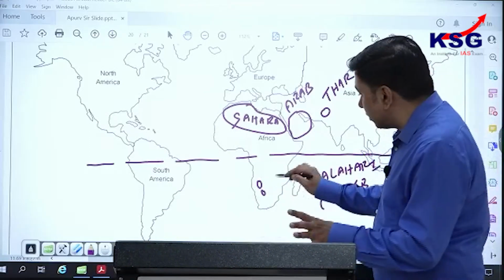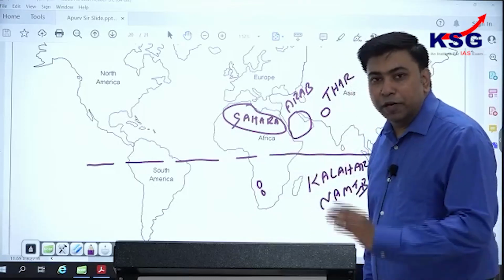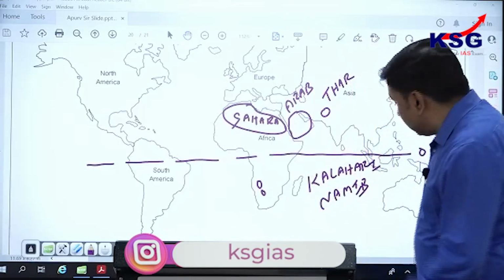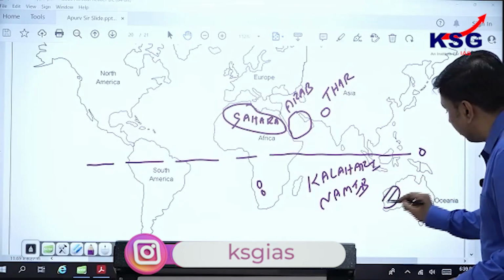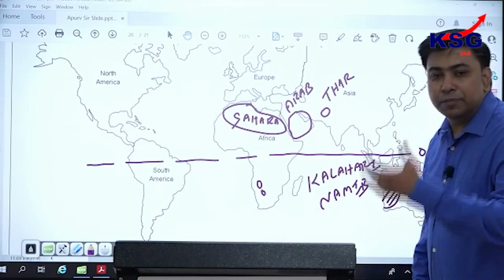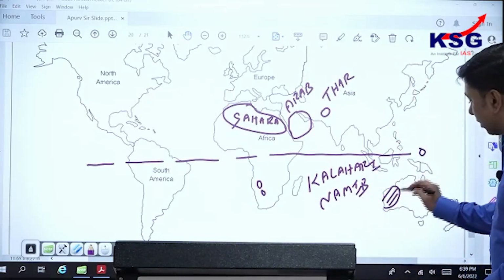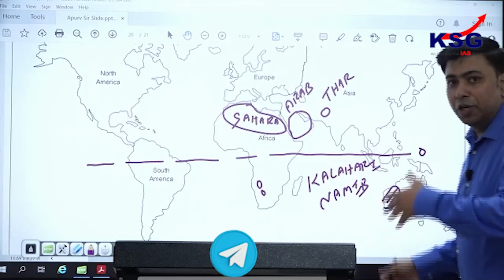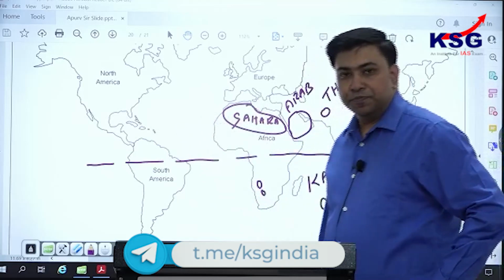Okay, so there are two deserts of course to the south of Africa in southern hemisphere over the continental landmass of Africa. Similarly, when I take the regard of Australia, number of deserts are located along the western coast of Australia. Deserts like Victoria, Simpson, Tanami, Great Sandy. Okay? So number of deserts are there of course along the western margin of Australia. We will discuss all the deserts in the coming time, I mean desertification process also.